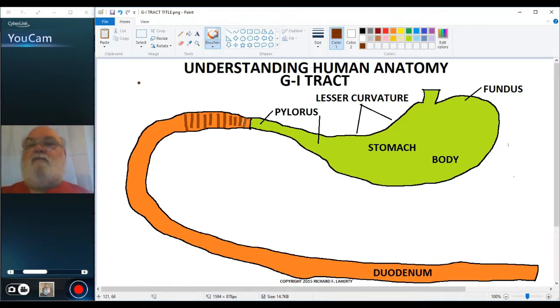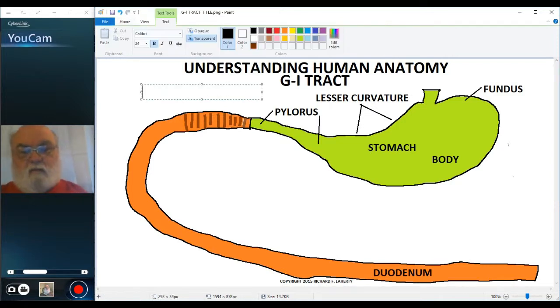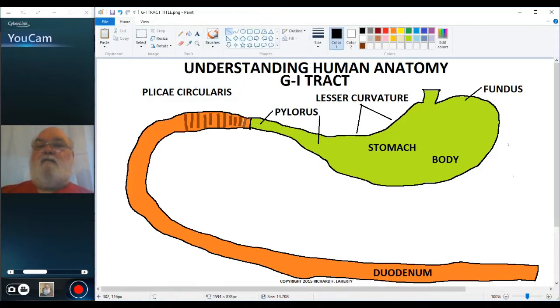And all that fancy name means is circular fold. And you can see that I'll draw arrows to several of them here.